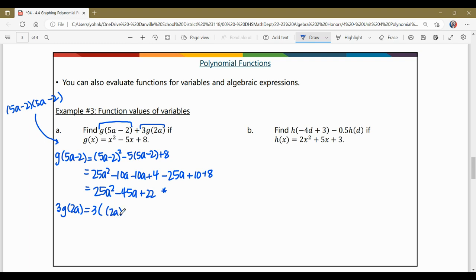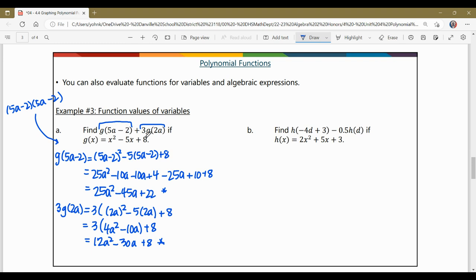So that's (2a)^2 - 5(2a) + 8. And so I'm going to have 3 times, well, (2a)^2 is 4a^2. Then I have that - 10a + 8. Well, that's 12a^2 - 30a + 24. There's my second one.